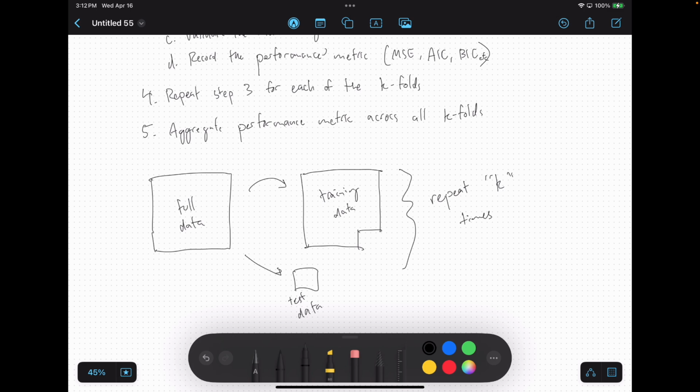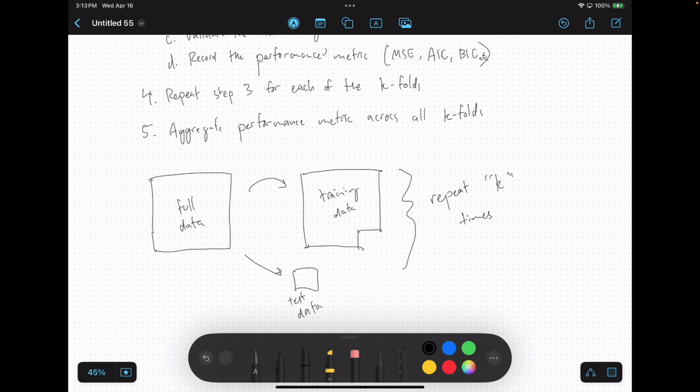So the idea is I have a big data set. I randomly assign each row of the data 1 through K. And then I pull out, let's say, everything where the assigned number was 1, and then everything else is the training data. I run the regression against this data, and then I'm going to take the model that I've generated from this, and then calculate some performance metric, like a mean squared error. So this would be my out-of-sample mean squared error.